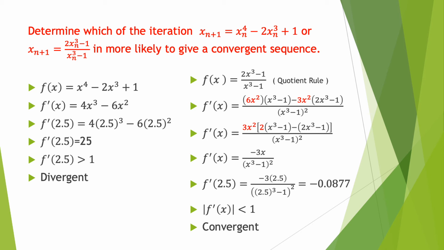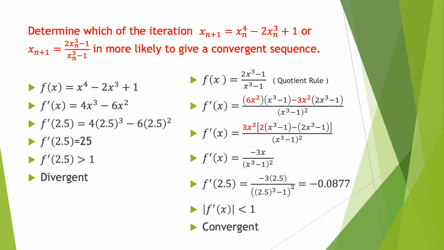Then after simplifying, we have the answer f'(x) = -3x^2 over (x^3 - 1)^2.